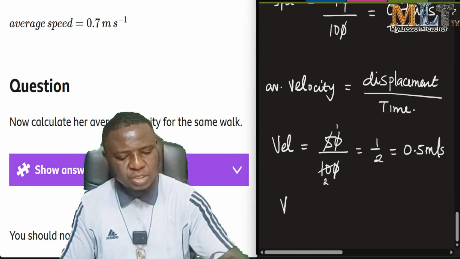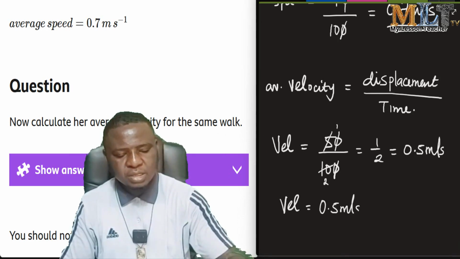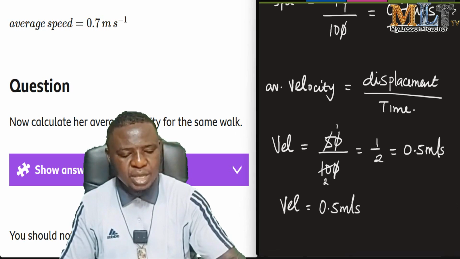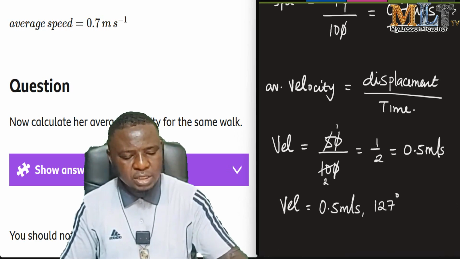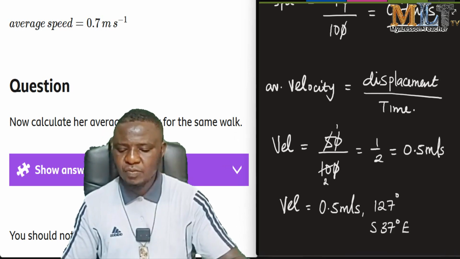So our velocity is equal to 0.5 meters per second on a bearing of 127 degrees, or you can call it south 37 degrees east.